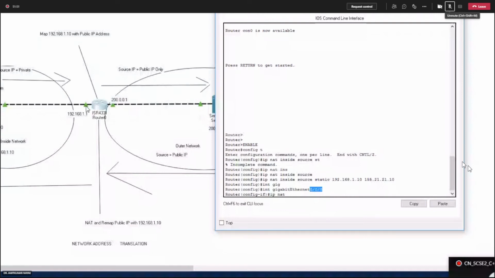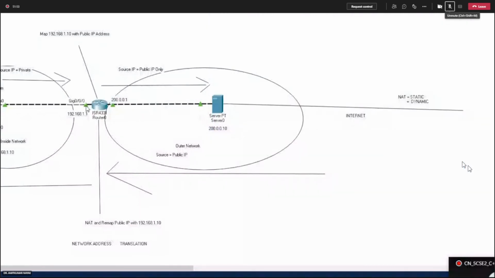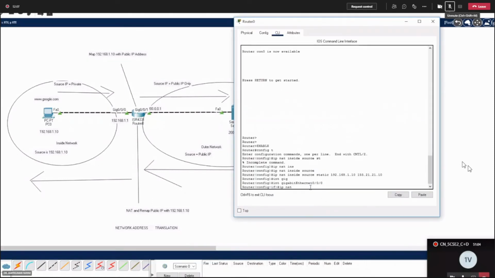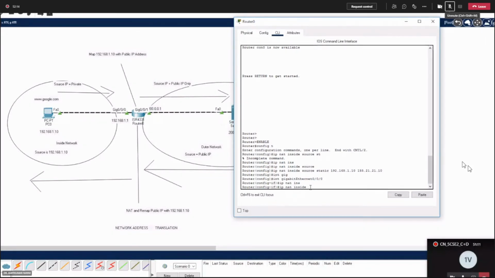Okay, you can see I have scrolled the mouse on router 0. The left portion is gigabit Ethernet 0/0/0 and the right portion of the router is gigabit Ethernet 0/0/1. So interface gigabit Ethernet 0/0/0 will act as the inside interface. So I have to type ip nat inside and then press the enter key.